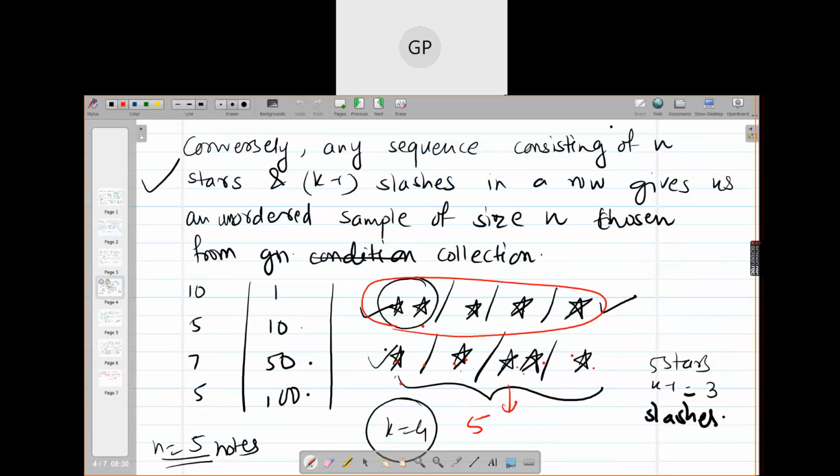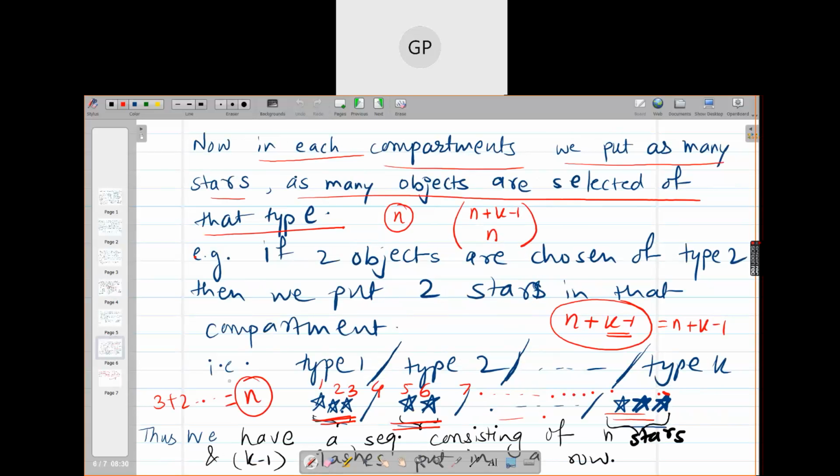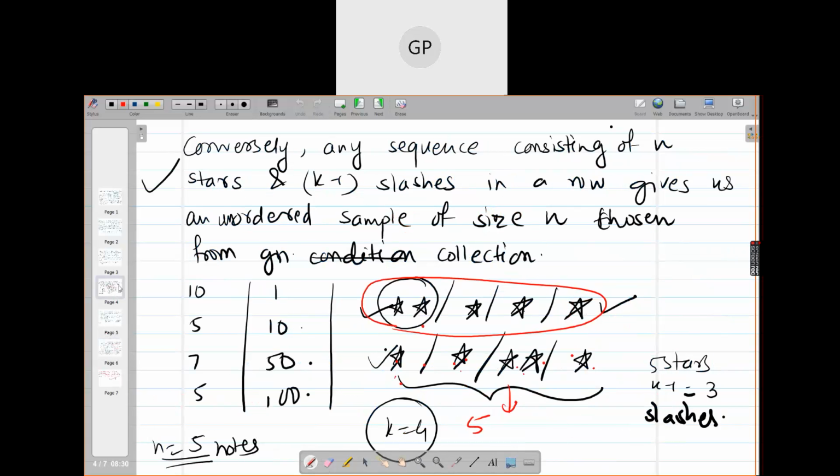So here we are writing conversely. This is our first argument: that we get a sequence consisting of n stars and k minus 1 slashes put in a row, and conversely any sequence consisting of n stars and k minus 1 slashes in a row gives us an unordered sample of size n. If I write the sequence directly, what will it give me? An unordered sample of size n.